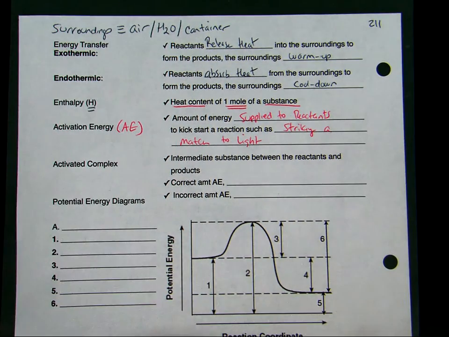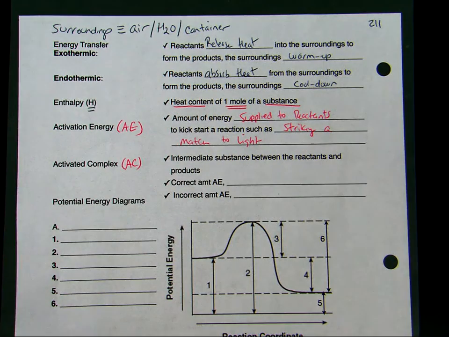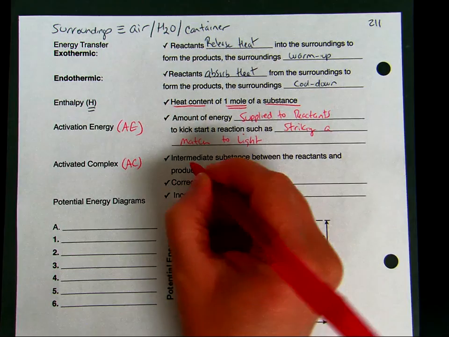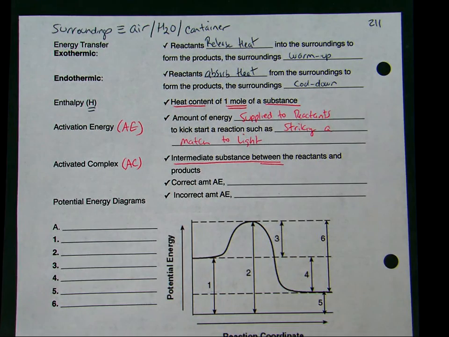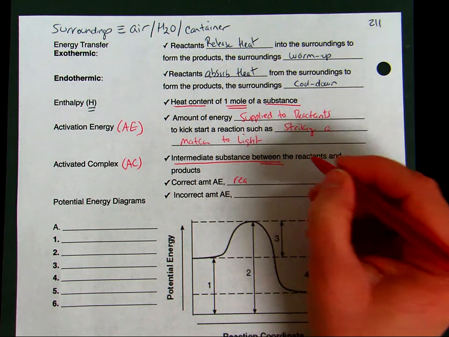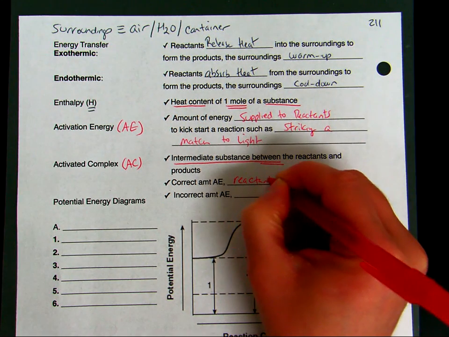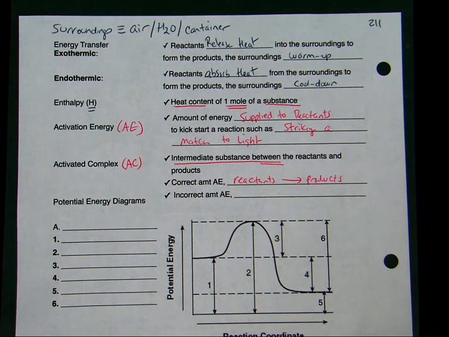Another term sounds kind of similar, activated complex, so I'm going to probably short form that as AC. It's not a true reactant or product, but it's an intermediate substance between the reactant and product. If we supply the correct amount of activation energy, that means the reactants form the products, so the reaction, or the process of change, actually occurs.